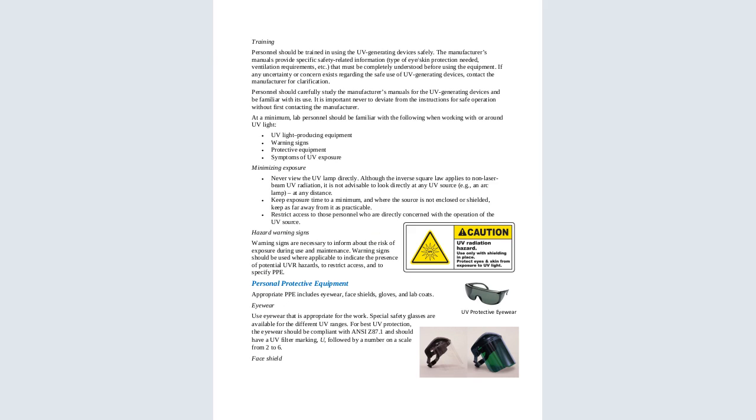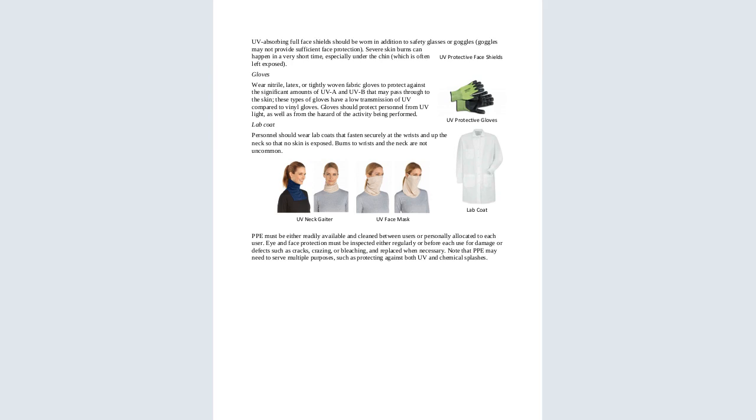So you can see these are some of the protective things that we use. And there's also minimizing of the exposure. There are hazard warning signs. You use these signs to warn that there are dangerous things here. We also use protective equipment, that is the PPEs, which are the eyewear and the face shield, like for example for arc welding, to protect our eyes.